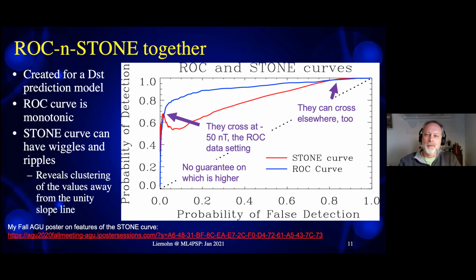And a quick example of that, showing it here for a ROC curve, that's the blue curve, and then a stone curve that has this jump like this. What is happening here? This is because there was clustering. And a jump like that means that the model was actually under-predicting, systematically under-predicting the values in this particular range right here, which was in the, say, 30 to 50 nanotesla range of the DST index here at Earth.